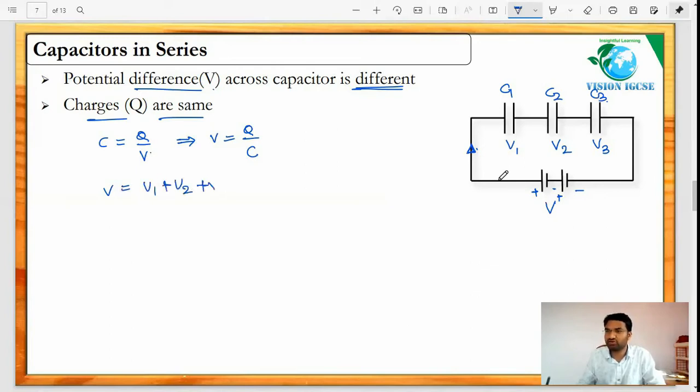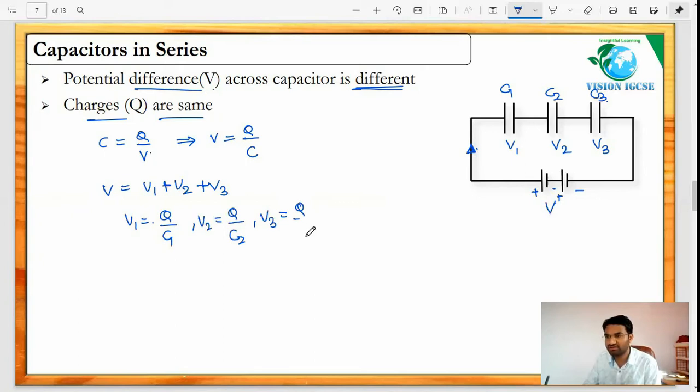It means the total potential difference across the capacitors in series is V1 plus V2 plus V3. Okay, so V1 is equal to Q over C1. Likewise, V2 is equal to Q over C2, and V3 is equal to Q over C3, right?